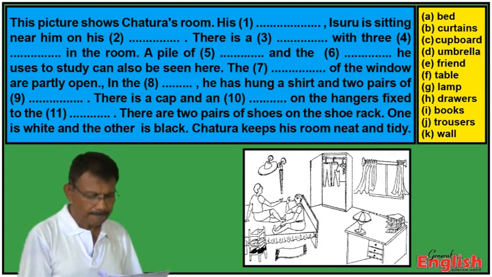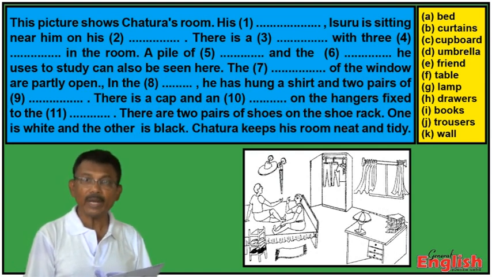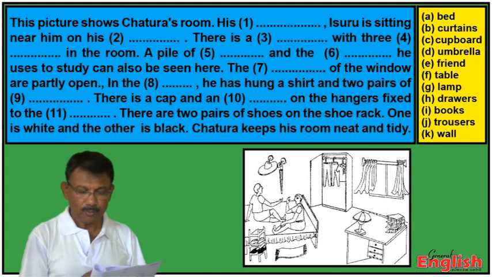There are 2 pairs of shoes on the shoe rack. One is white and the other is black.